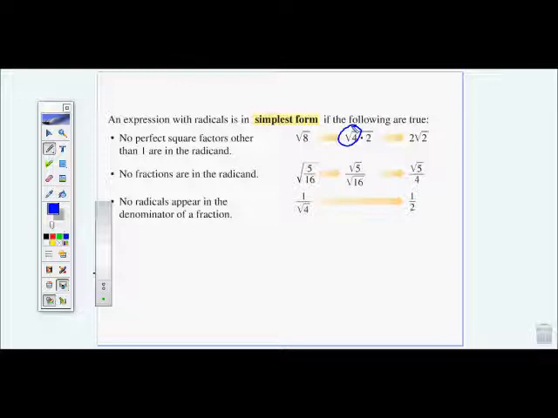So again, I can split the fraction into two different factors, square root of 5 and the square root of 16. And 16 just happens to be a perfect square, so you have the square root of 4. And no radicals appear in the denominator of the fraction. So 1 divided by the square root of 4, 4 is our perfect square, so we can change it to 2, and that changes to the fraction 1/2.